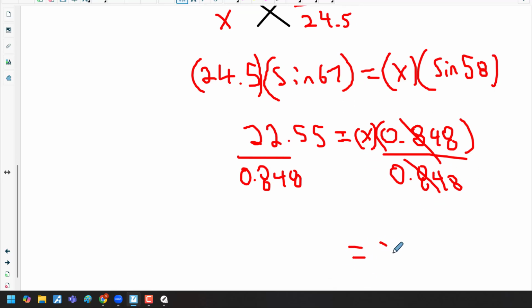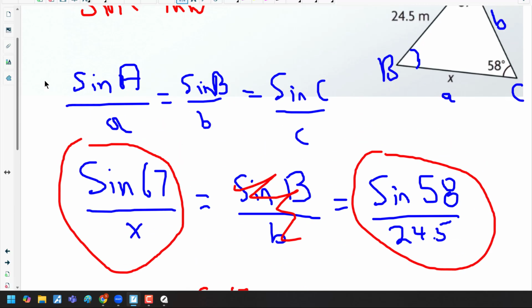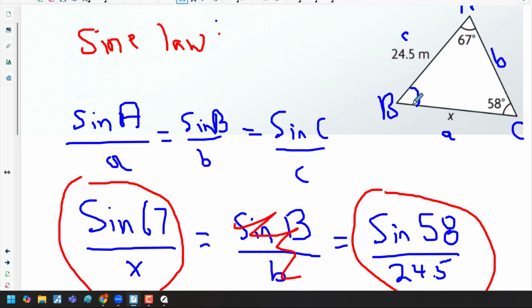Cancel, cancel. x is on this side, and now we just do the math. 26.6. I'm rounding the final answer to 1 decimal place. So x is equal to 26.6. So 26.6 is the side length there. That's the answer.